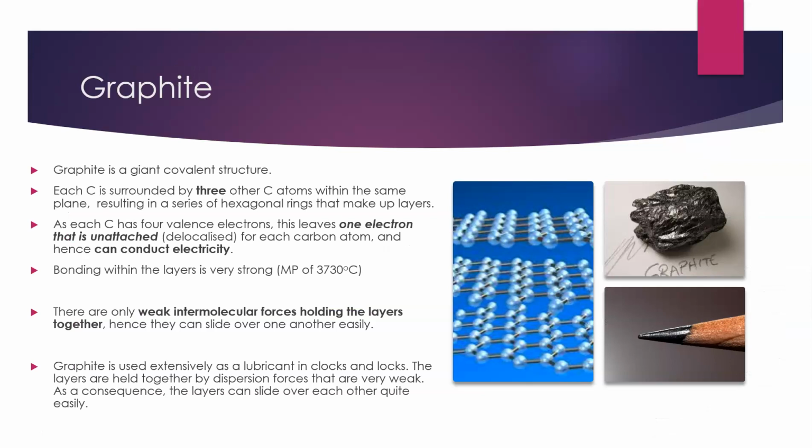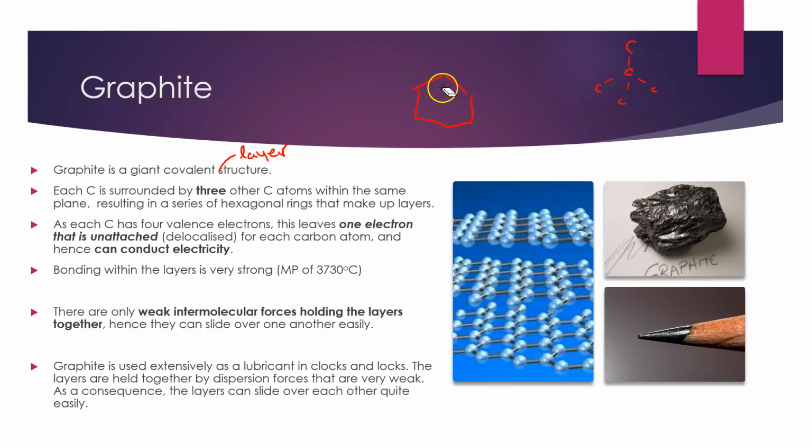If we look at the reasons why this occurs, we state that graphite is a giant covalent structure. In fact, it's often referred to as a giant covalent layer lattice or layer structure. In contrast to diamond, each carbon is actually only bonded to 3 others. So remember with diamond, we had it in a tetrahedral arrangement with every carbon being bonded to 4 others.